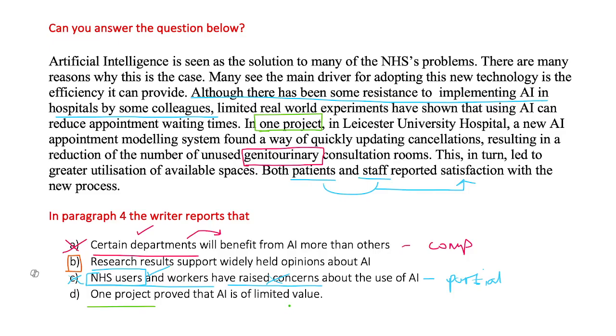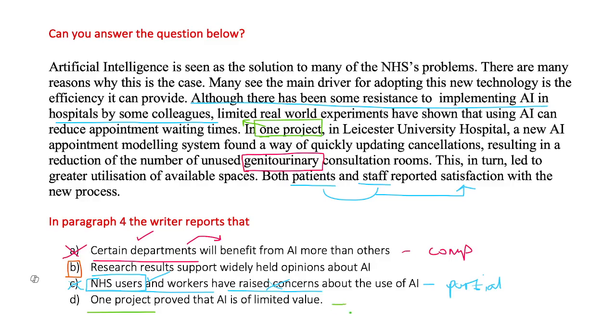Now ask yourself, do you think that the writer thinks that the project was of limited value? There's no suggestion of that. What they've done is they've gone to this word limited. And what they're trying to make you do is say, well, I've seen the word limited, so maybe it matches. But actually, this is the opposite. It's a contradiction. Okay? It's not the same.